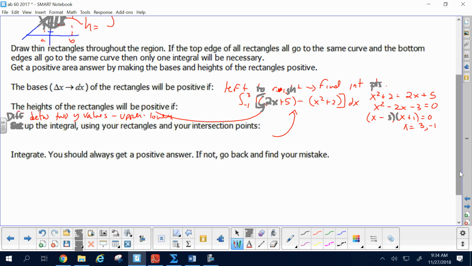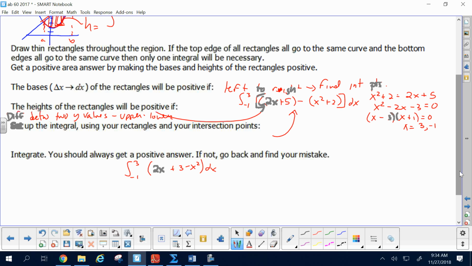Now, I think I would be better off taking a quick cleanup step. If I distribute the negative, then I'm really going to integrate 2x. That 5 will become 5 minus 2 once you distribute the negative and combine like terms. So 2x plus 3 minus x squared.